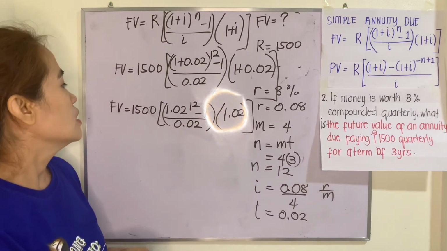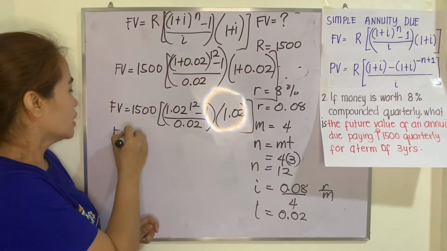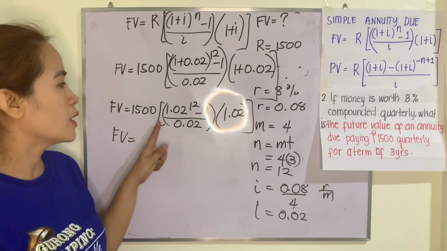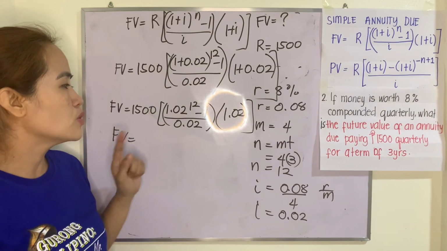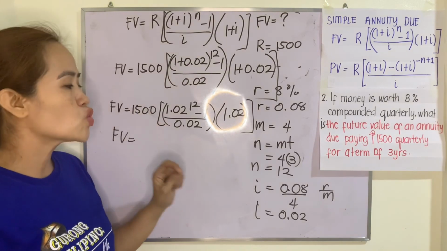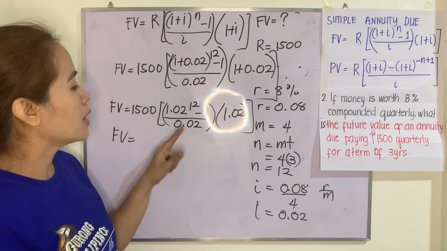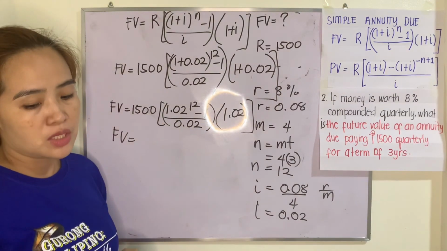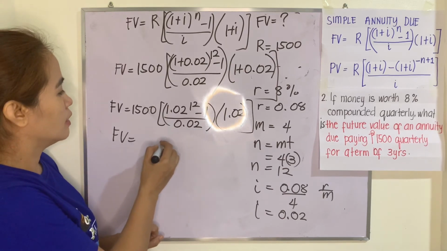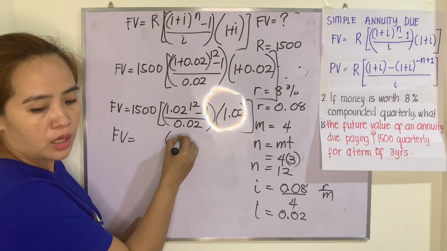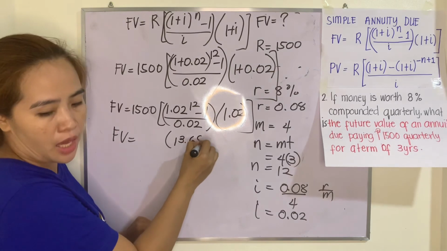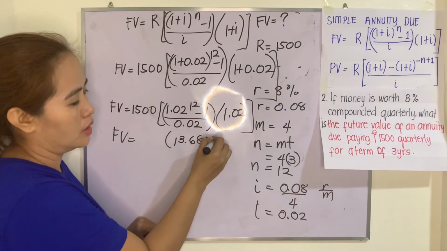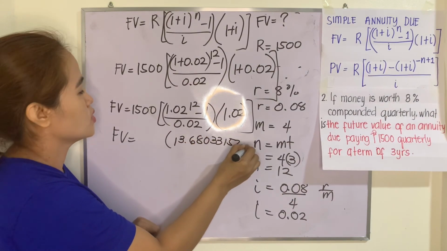Okay. So, calculating this, just press 1.02 raised to 12 minus 1 equals, divided by 0.02 equals, times 1.02, you will be getting 13.68033152 and so on.